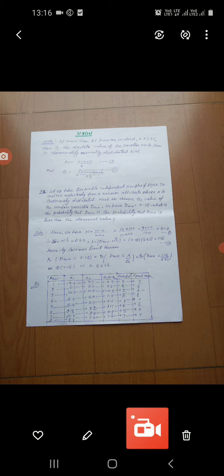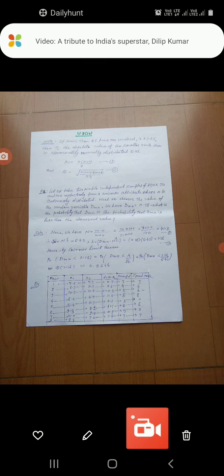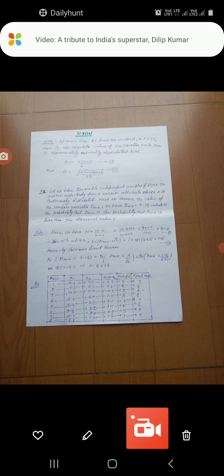Then it is asked what is the probability that Dmn is less than the observed value. Okay, you have a one tail test.